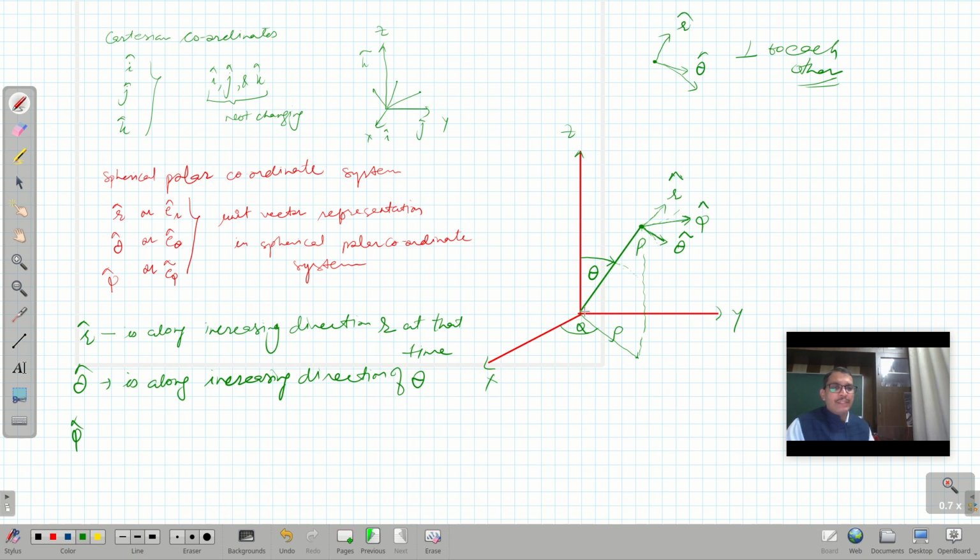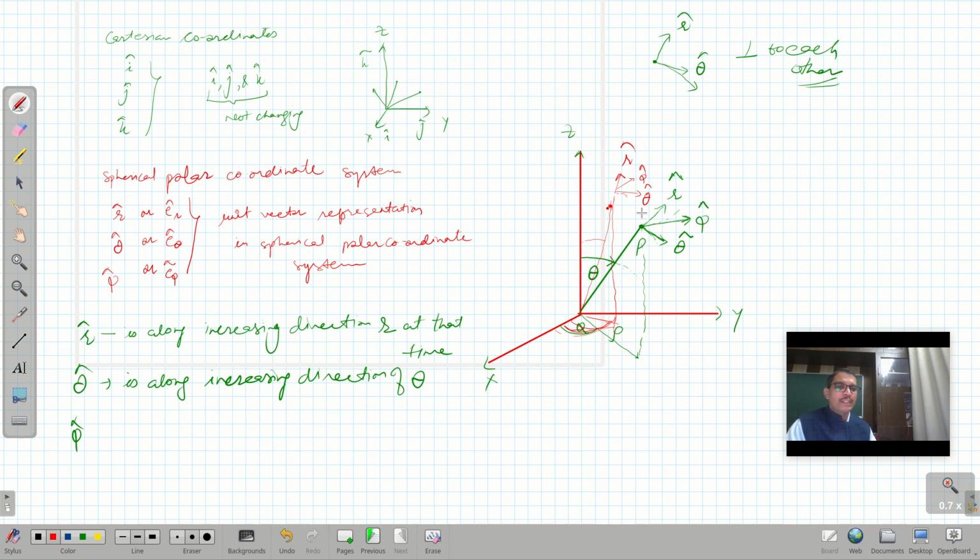After some time, say the particle will be somewhere here, and if I draw a perpendicular from here to here, it will go like this, right? This angle is phi, so the phi direction will go like this.